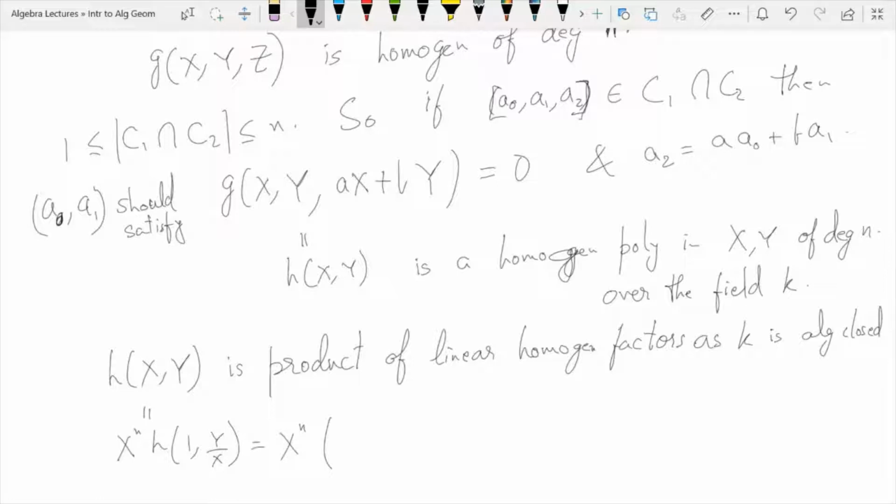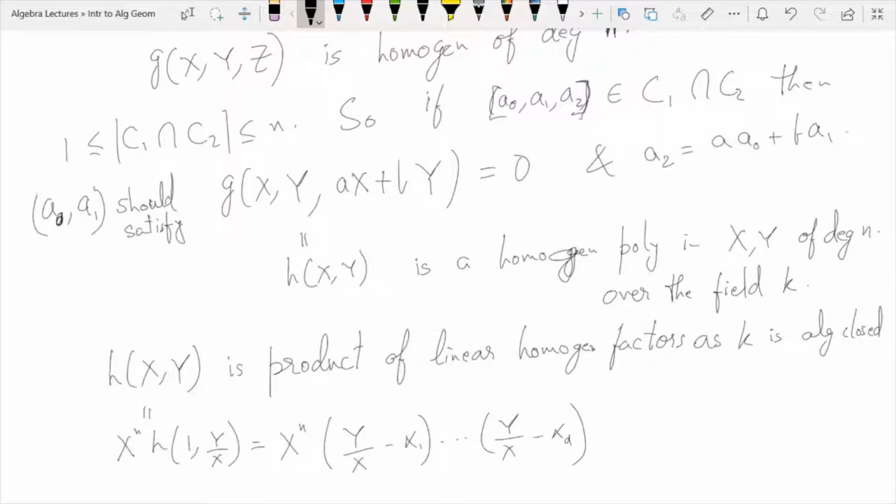Whatever it is, it doesn't matter. What if the degree is d, say, so you'll find (Y over X minus alpha 1) through (Y over X minus alpha d).